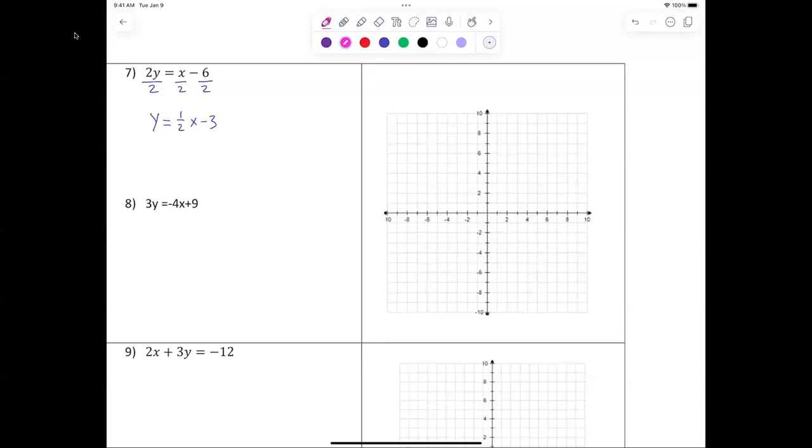How do I graph y equals 1/2 x minus 3? M equals 1/2. What else? Right, so what do I do now? And how do I graph that? 0 what?